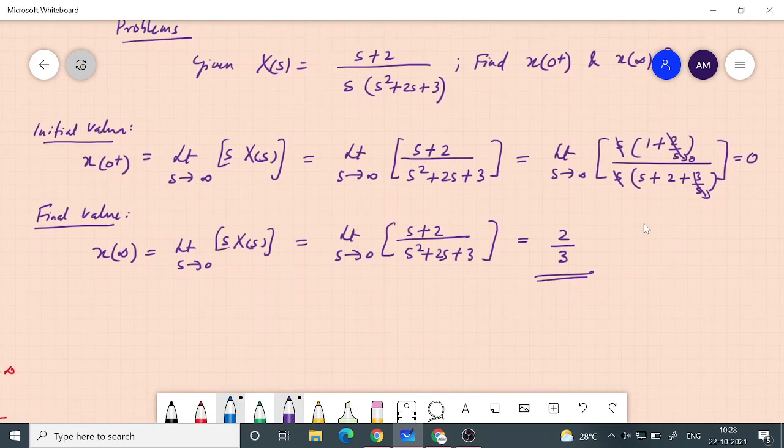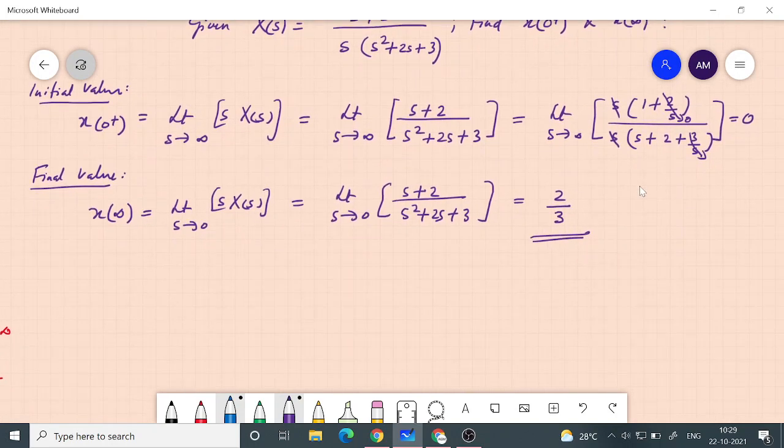So it will be some kind of function which at t equal to 0 will have some value, and there will be some kind of oscillation and then it settles.